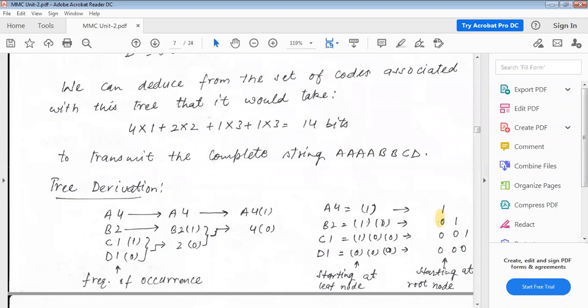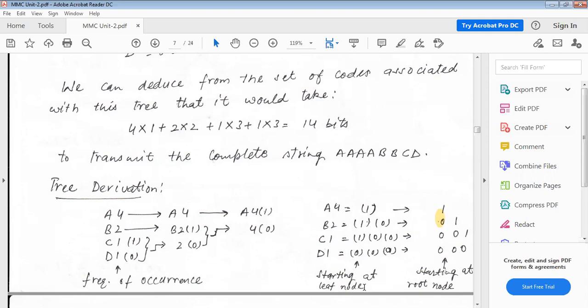Next, this 1 0 is written as 0 1, reversed, because if you want to take the code words for each character from top to bottom, here in the starting at the leaf node, we have taken from the leaf node to the root node, or bottom node to the top node.